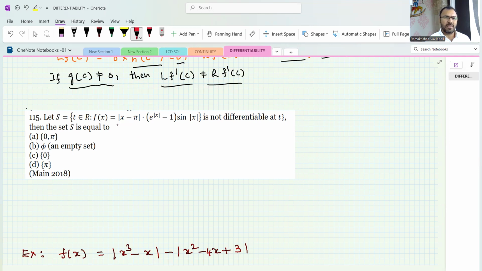We have a function: modulus of x minus pi, modulus of e power mod x minus 1, and sine mod x. What are the points where mod x is not differentiable? Mod x and sine mod x are not differentiable at 0.